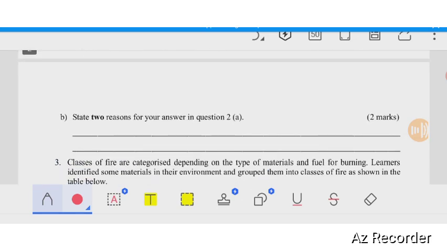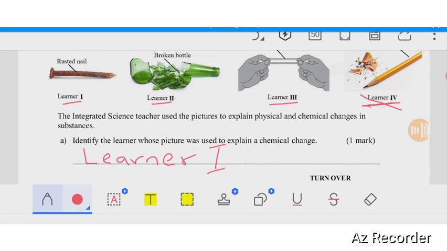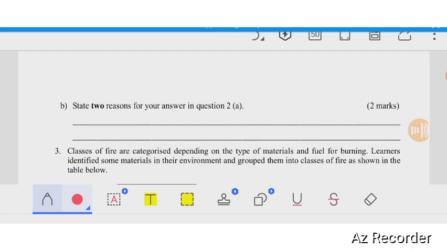The next question: give 2 reasons for your answer in A above. So I've said chemical change. The first reason should be that a new substance is formed.